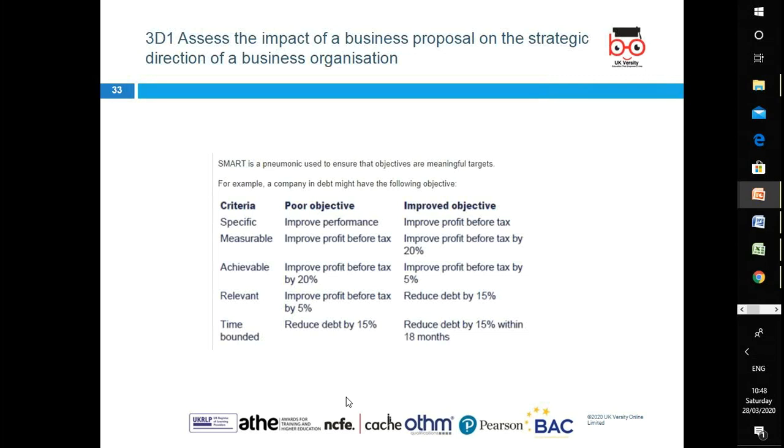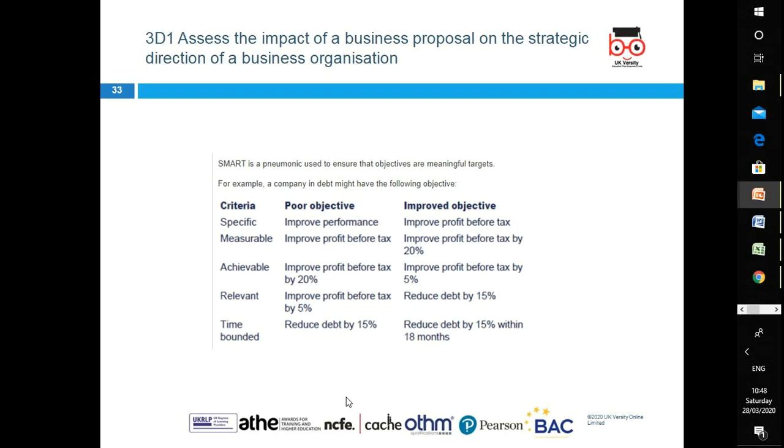Next we have 3D: assess the impact of the business proposal and strategic direction. For example, a company has SMART objectives. A company might have the following objective: we want to improve performance, that's why we have a debt.